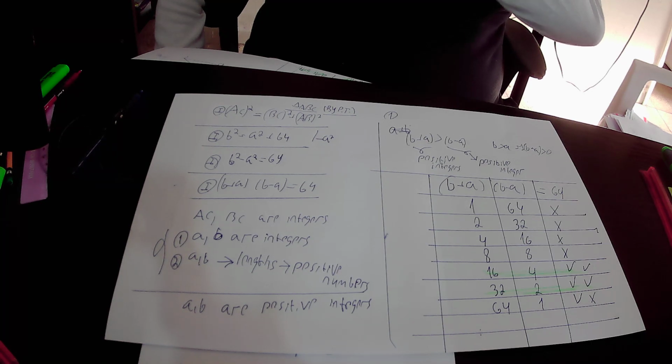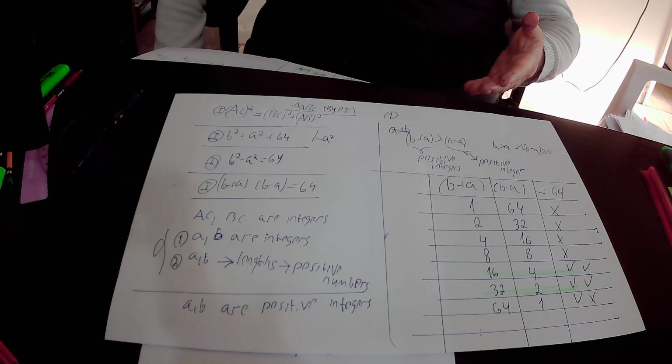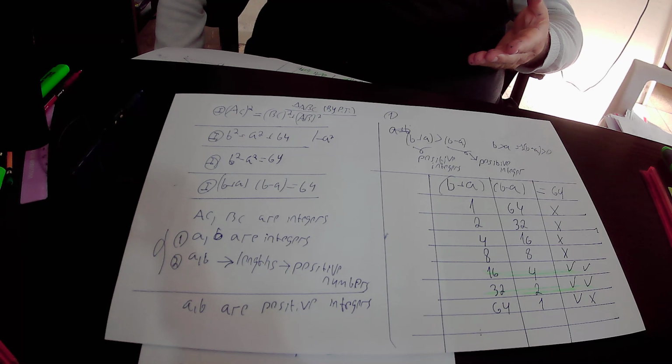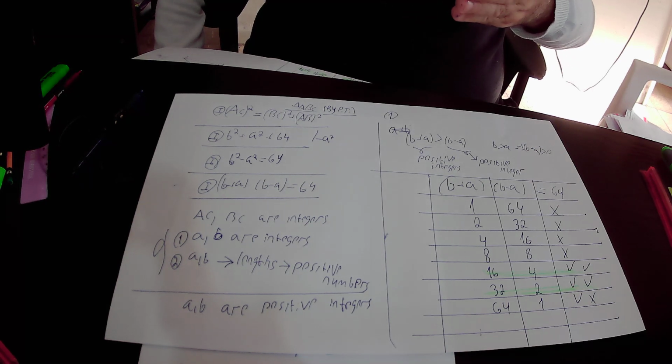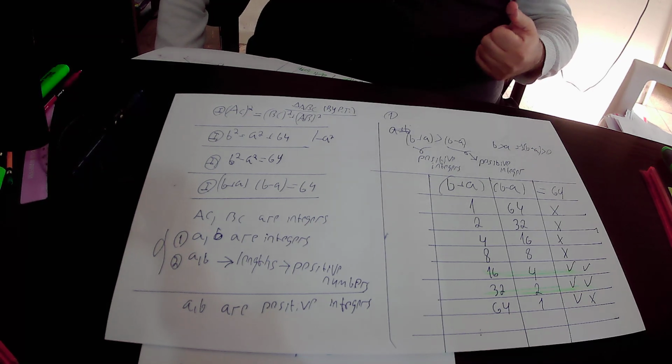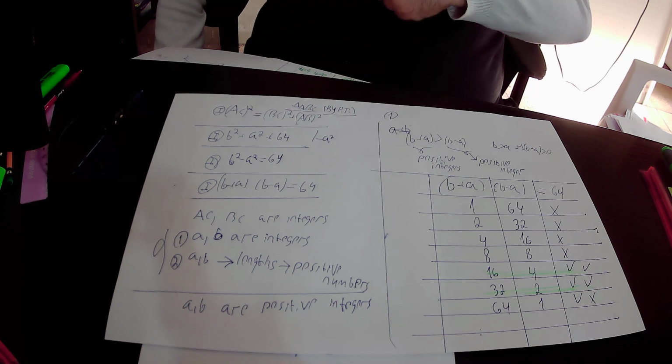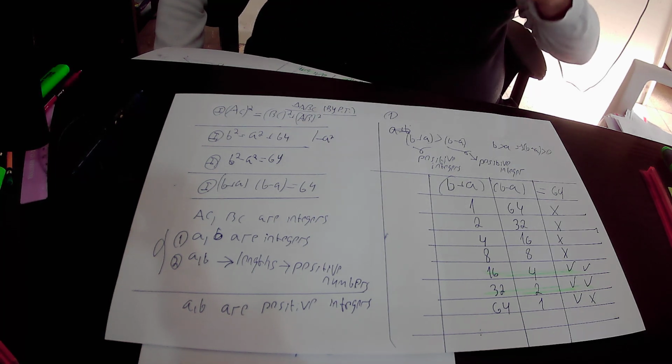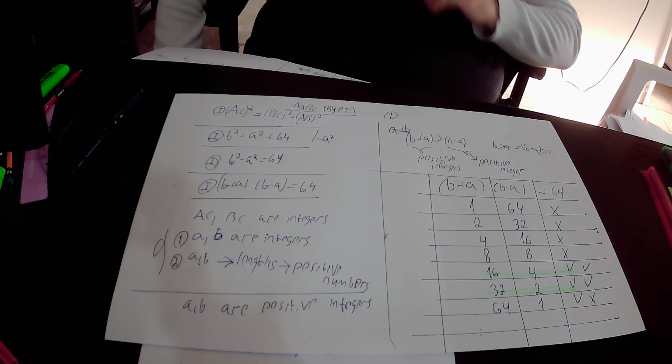So from one side we know that A and B are integers, and from the other side we also know that they are positive numbers. From those two things we conclude that A and B are positive integers. Okay? A and B are positive integers.